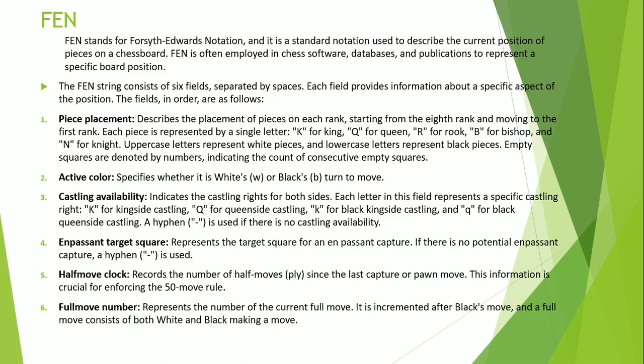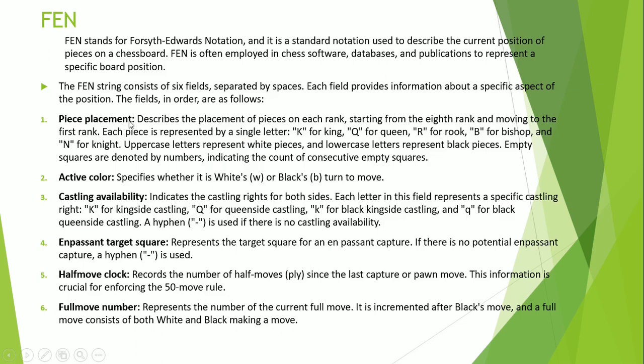The first part contains piece placement, the second part contains active color, the third part contains castling rights, the fourth part contains en passant, the fifth part contains the half move clock, and the sixth part contains the full move number. So let's see what these mean.